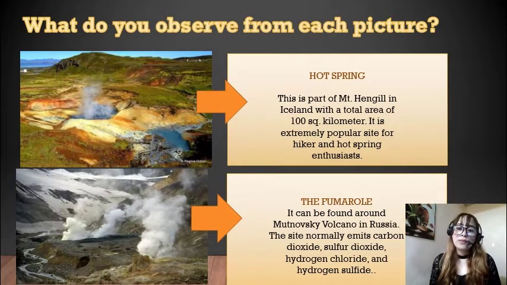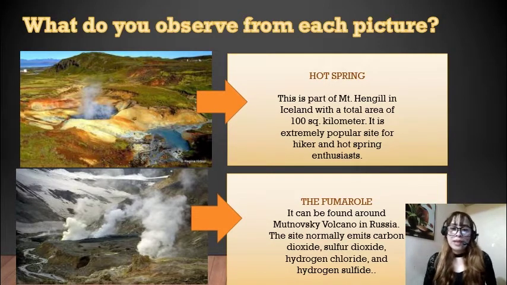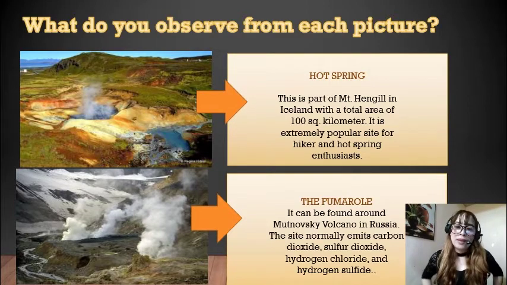Now, what do you observe from these pictures? In picture number 1, it's shown here the hot spring, which is a part of Mount Hengill in Iceland, with a total area of 100 square kilometers. This is an extremely popular site for hikers and hot spring enthusiasts. So I want you to jot down what you observe in the picture.